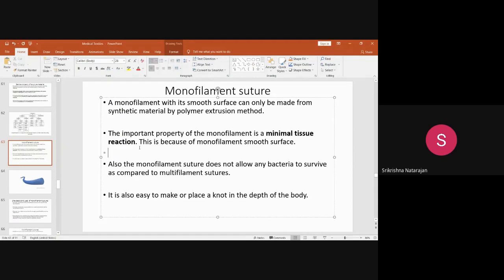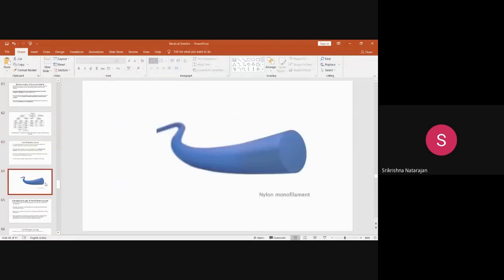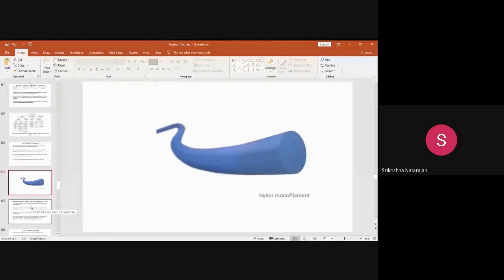And also it is easy to make or place a knot in the depth of the body. If you want to make a knot and secure the knot, it is easy to make a knot. So this is how it looks. This is a nylon monofilament, just for your understanding, just a single type of filament is shown.